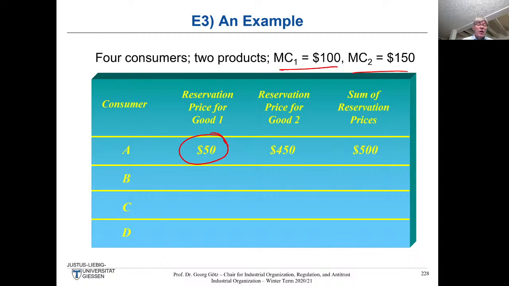If the reservation price for good 1 for consumer A is 50 and for good 2 it's 450, the sum of the reservation prices is 500. So again, this could be the stereo, okay?